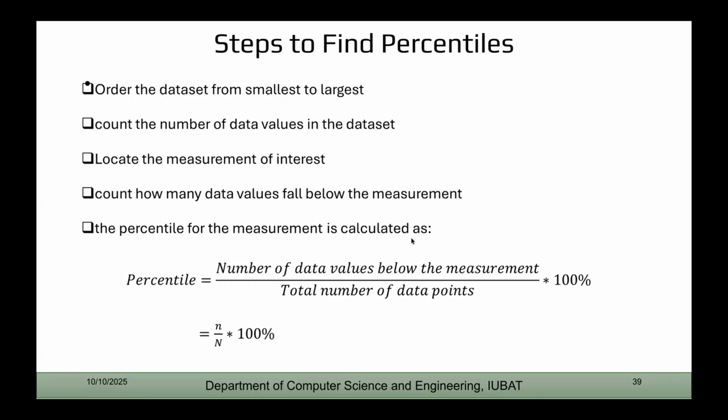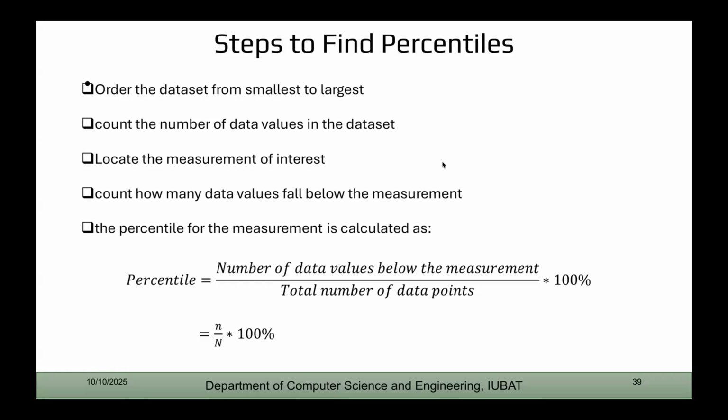The percentile for the measurement is calculated as the number of data values below the measurement, divided by the total number of data points, and then multiplied by 100 to get the percentile or percentage.